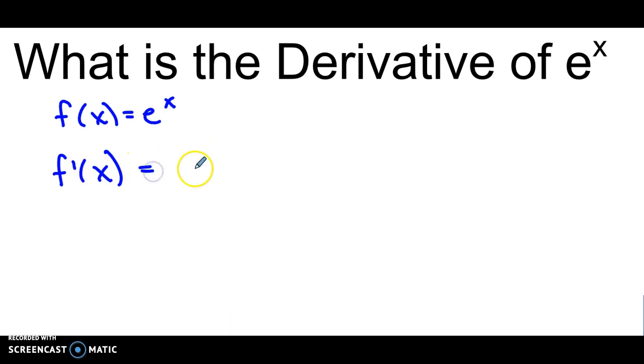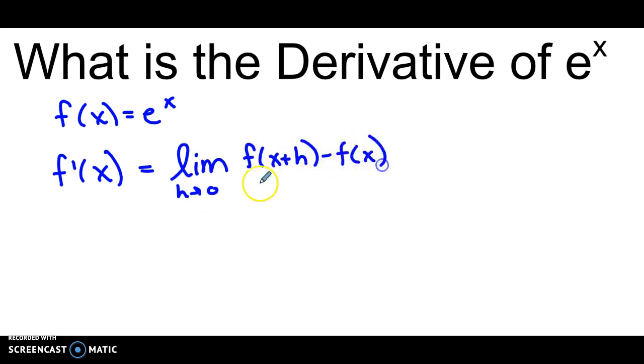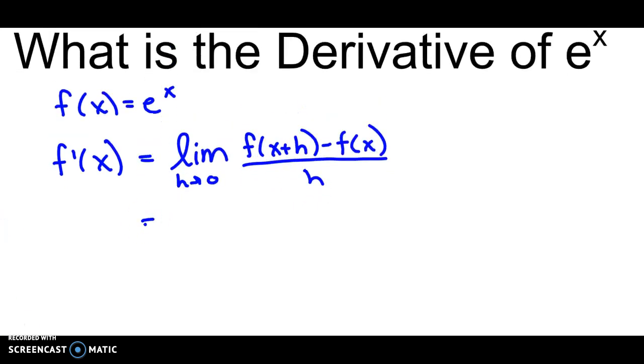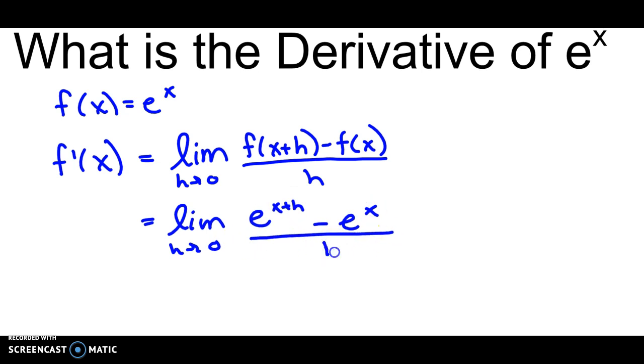So, we're going to use our limit definition. Limit as h approaches 0 of f of x plus h minus f of x all over h. Okay. Well, let's substitute in our function. So now I have e to the x plus h minus e to the x all over h.